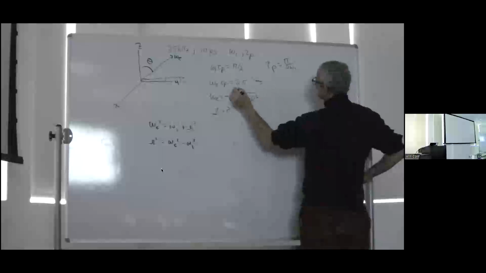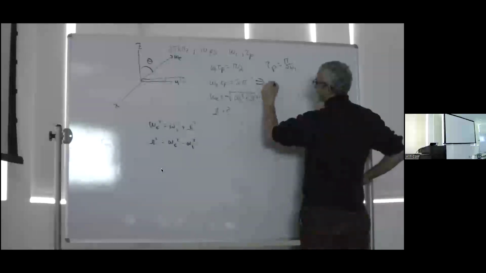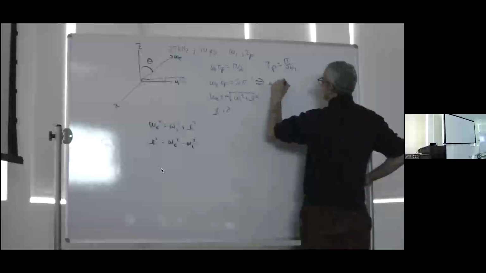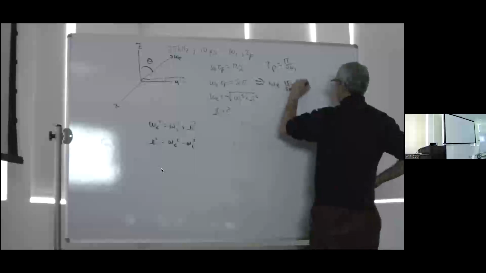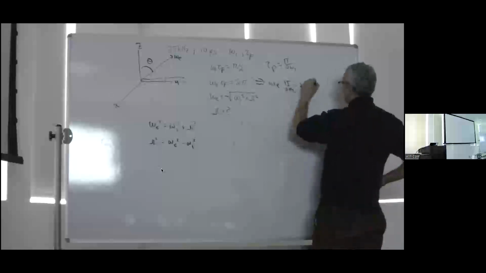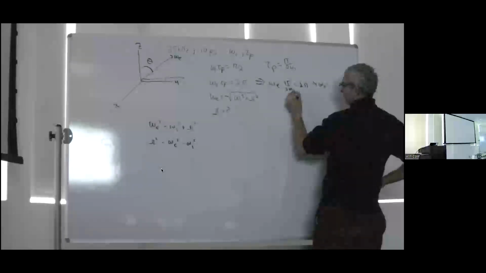So I substitute in: omega e times pi over 2 omega 1 equals 2 pi, or omega e equals 4 times omega 1.